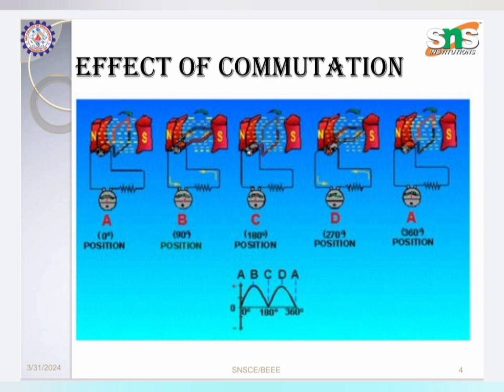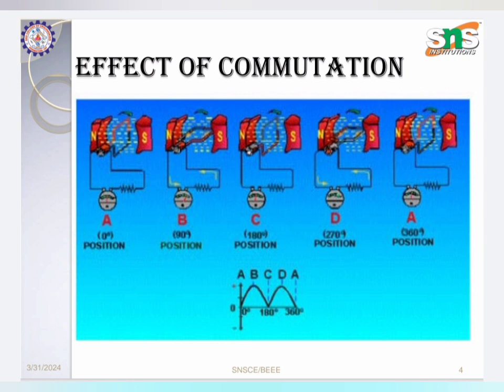That is, from 0 to 180 degrees there is only one form of EMF in one direction, and in the other case you can see that from 180 to 360 degrees the EMF induced is again in the same direction.